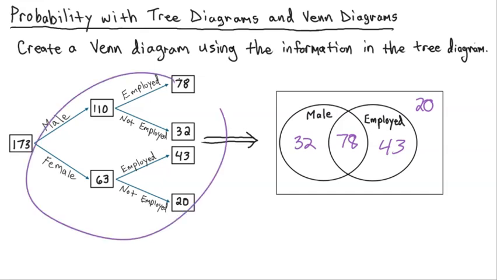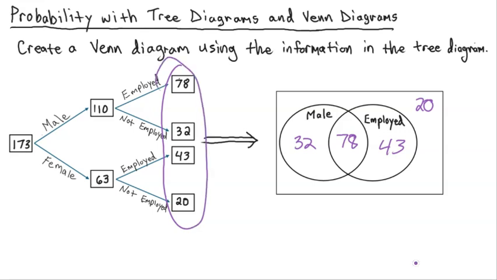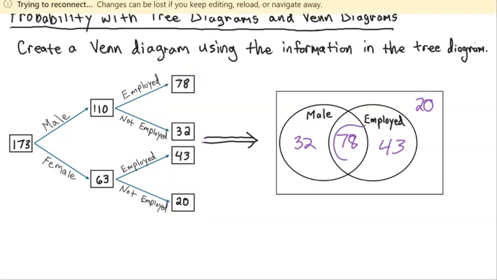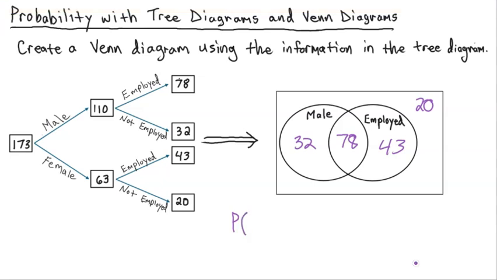To go from a tree diagram into a Venn diagram, you're really just splitting up these four numbers here, here, here, and here, okay? And then we could, like we've done before, do probability. We could say, well, what's the probability of male? What we would do is put this over the total, and if we add up 32 plus 78 plus 43 plus 20, we get 173.